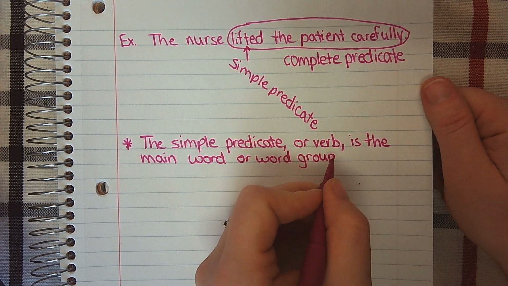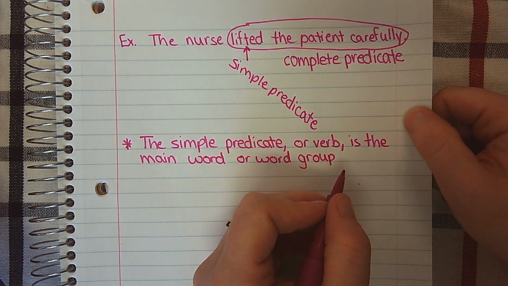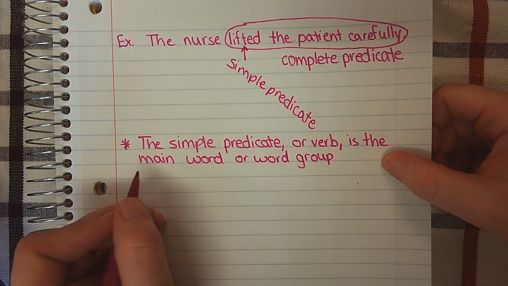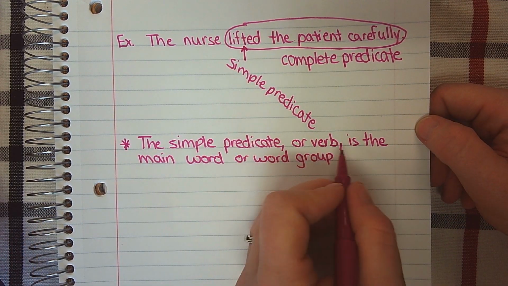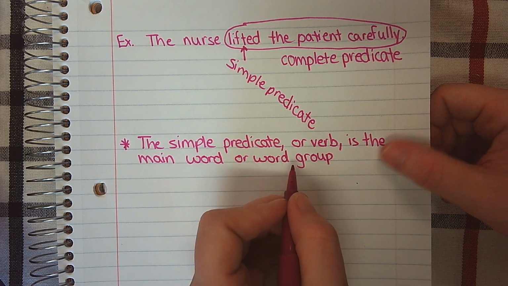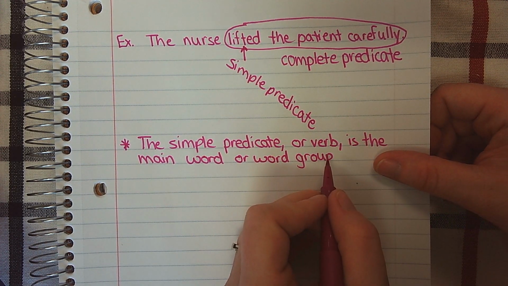Sometimes we have a helping verb attached to a verb. Sometimes it's simply a linking verb or an action verb. So this simple predicate or verb is the main word or word group in the complete predicate.